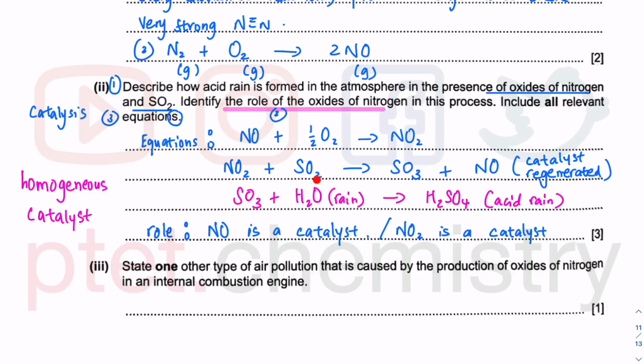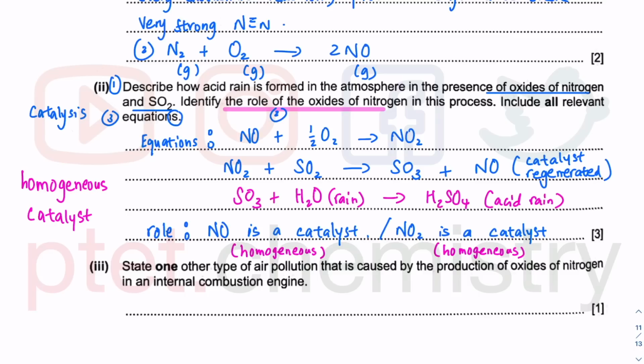So your reactant is SO2, your catalyst is NO2, in the upper atmosphere. This is acting as a homogeneous catalyst. I don't think they will require you to write homogeneous. I think the keyword there really is just catalyst, because the definition for homogeneous and heterogeneous is part of the A2 rate of reaction topic under catalysis.